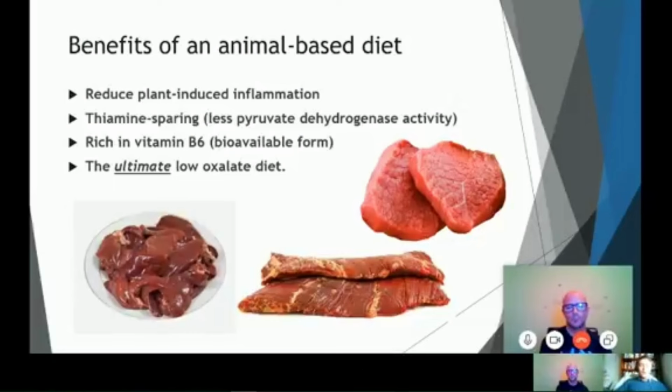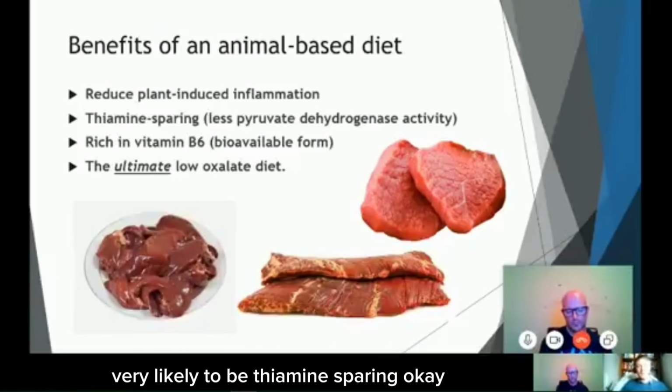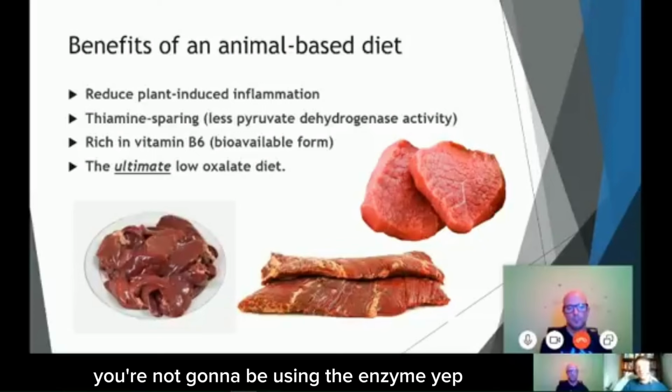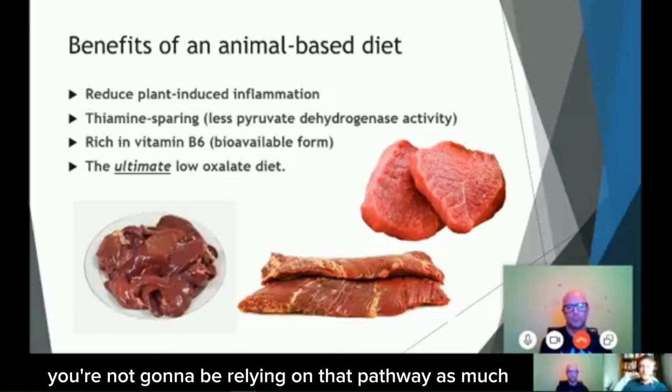Okay. An animal-based diet is very likely to be thiamine sparing. Okay, because you're not using carbohydrates as your primary fuel. You're not going to be using the enzyme called pyruvate dehydrogenase. You're not going to be relying on that pathway as much.